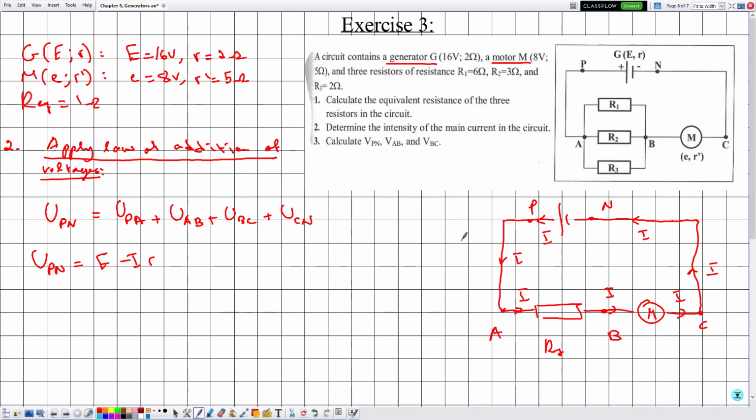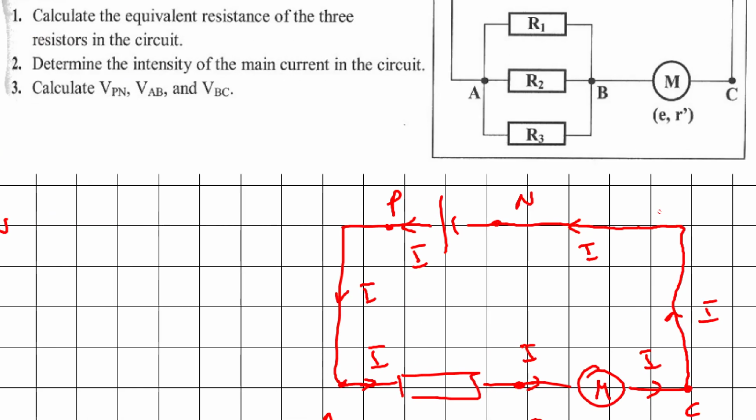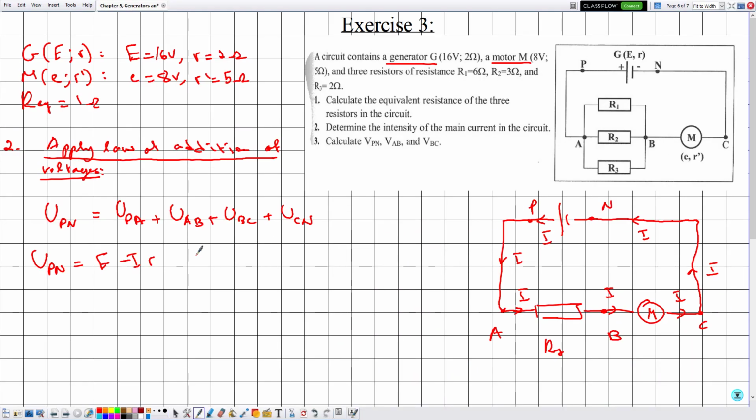Why? Simply because this is a generator and we are moving opposite to the direction of the current. So here between brackets we need to mention Ohm's law for a generator. Now as for UPA, this would be 0 because it's a connecting wire.